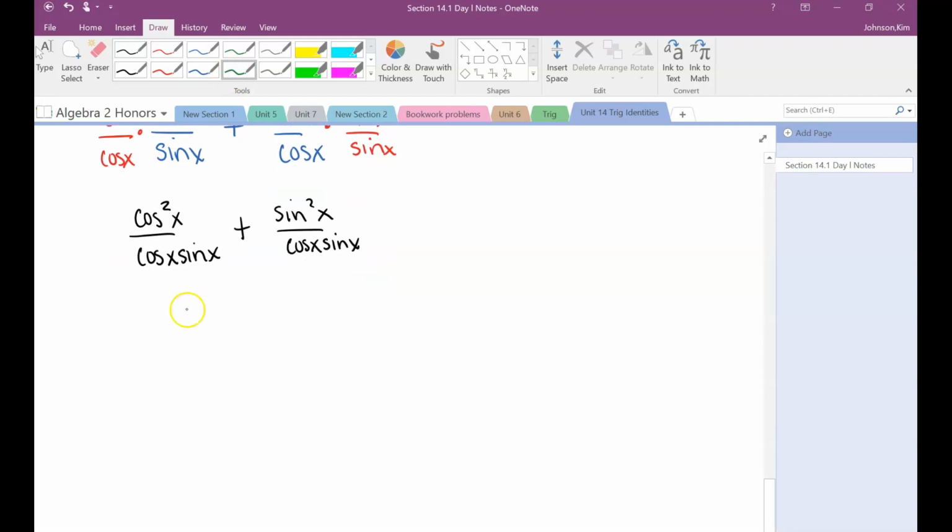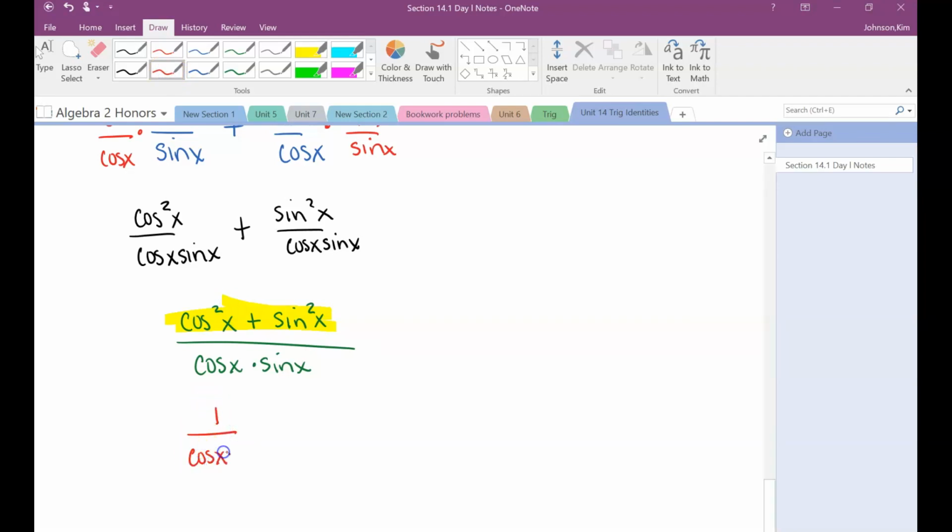And that brings me to one fraction, cosine squared of x plus sine squared of x. This looks like I'm getting more complicated, but I like the fact that I'm seeing cosine squared of x plus sine squared of x because that is my Pythagorean identity. So that's going to simplify to 1 over cosine of x times sine of x.